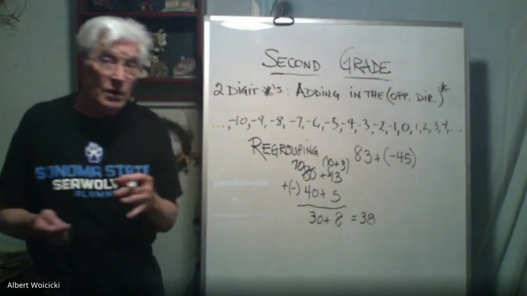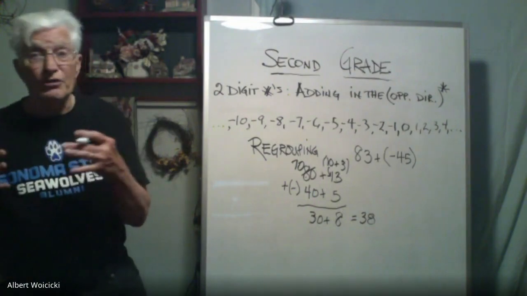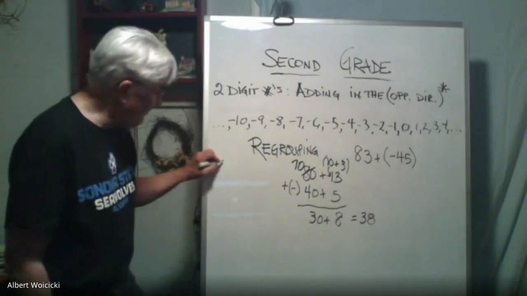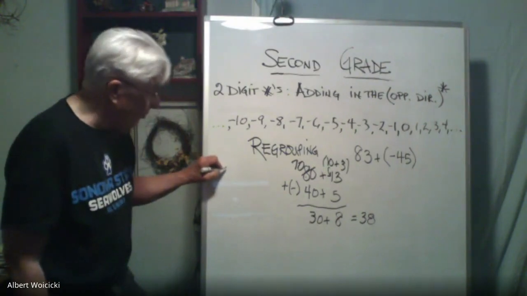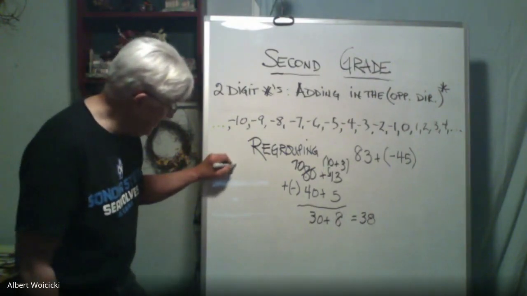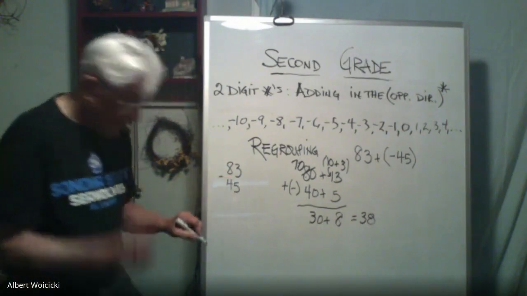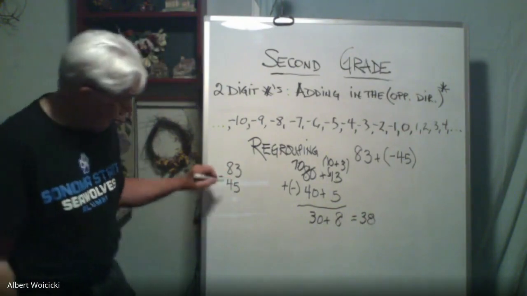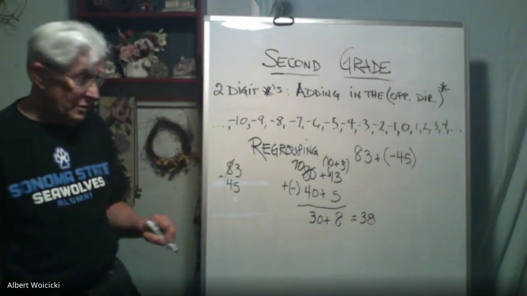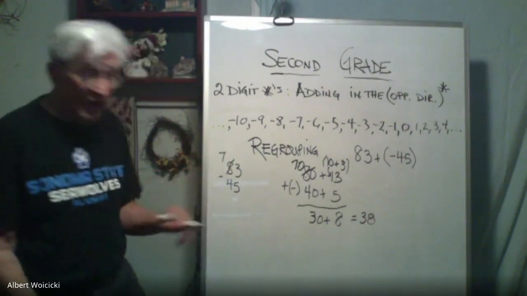Now, I know you guys as teachers, and you've been doing this for a long time, you'd write this number on the board. You'd write 83, and you'd have 45, and you'd tell your students to do this, and maybe put a 7 up here. This is the way I learned it.